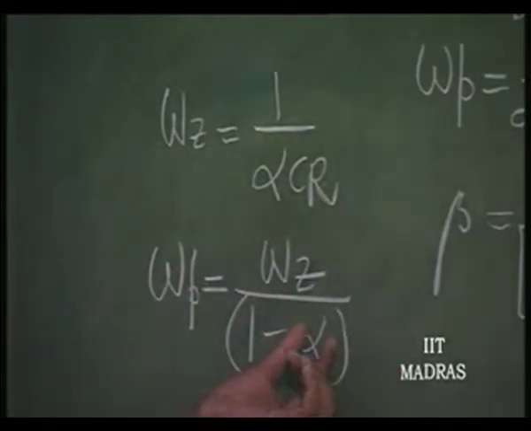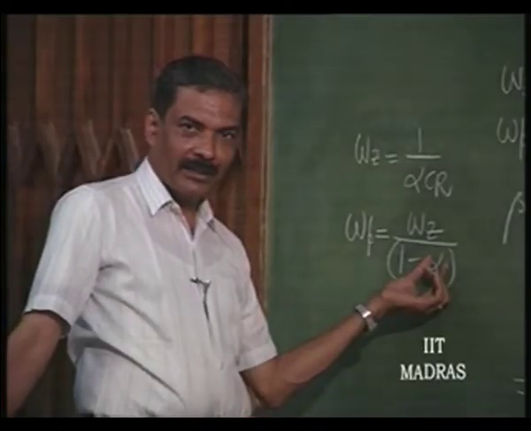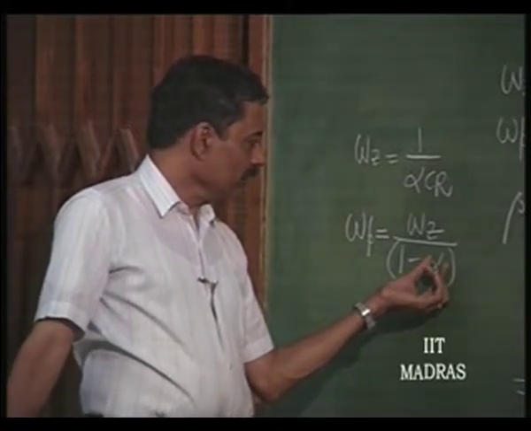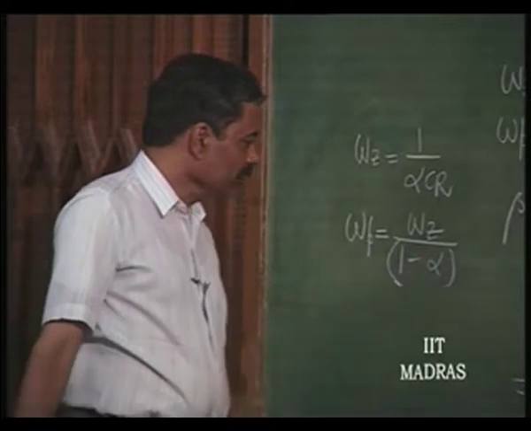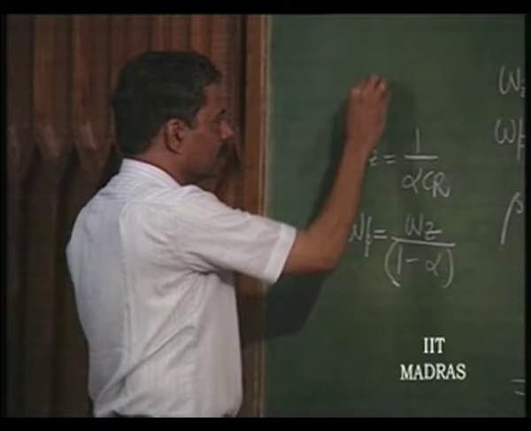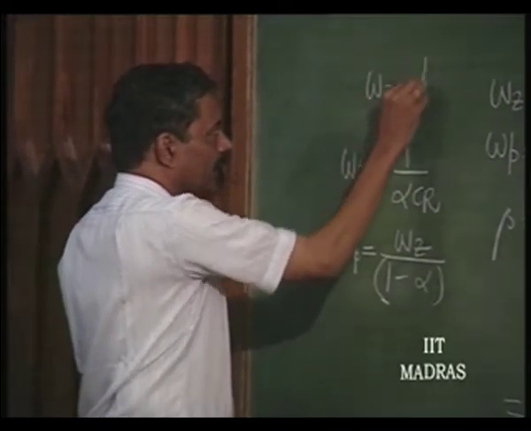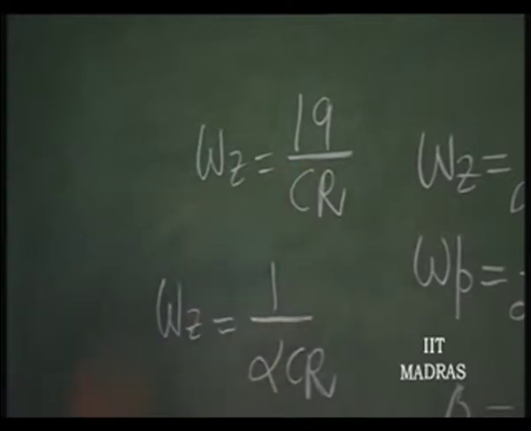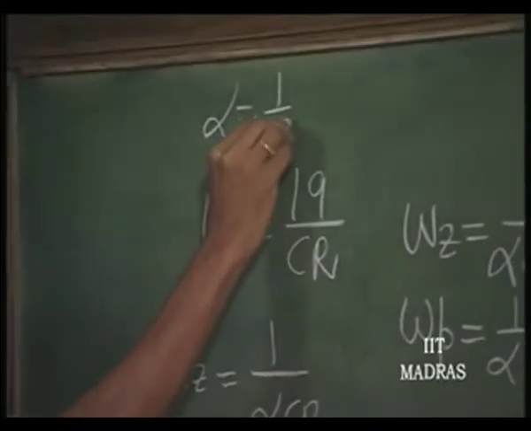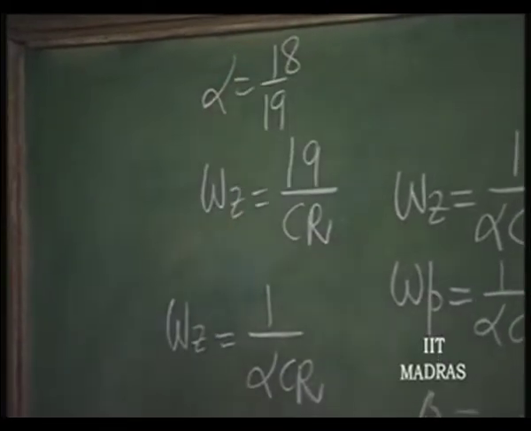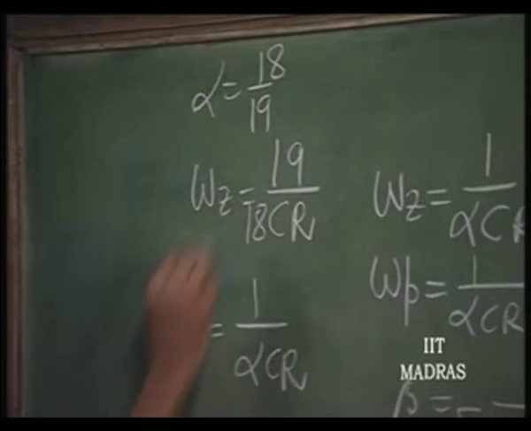If alpha is close to 1, let us demonstrate this. Alpha is equal to, let us say, 18 over 19. I am just going to take it as a demonstration. Omega z is going to be 19 divided by CR.